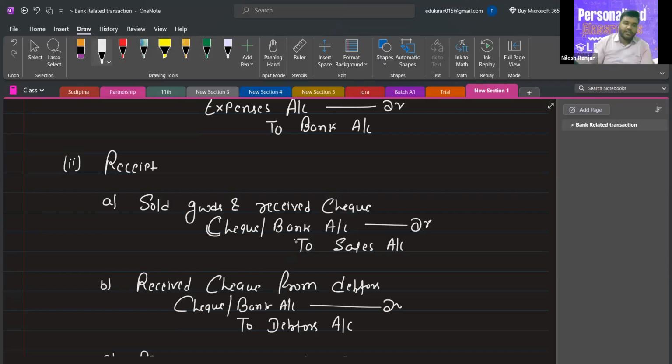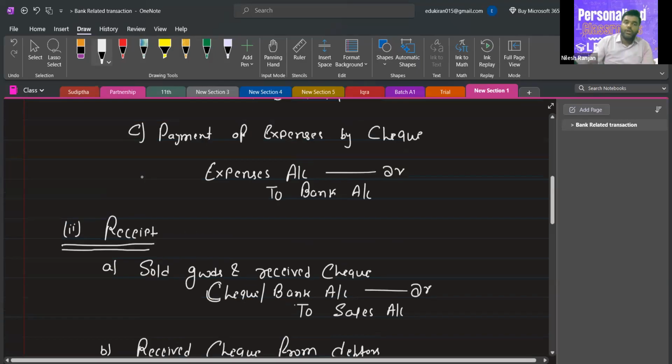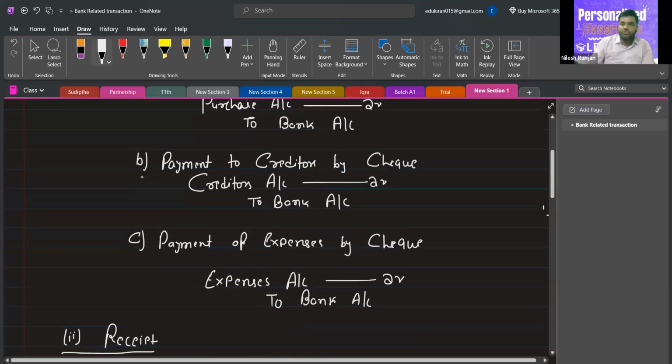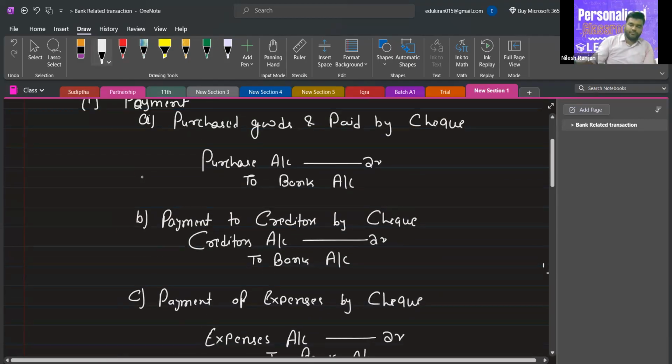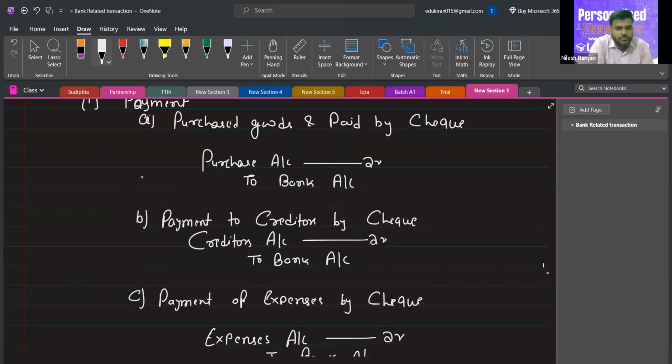Now, this is our receipt case, but I told you that in case of payment, you will write only bank, no check account. Is there any question? Can you scroll down?